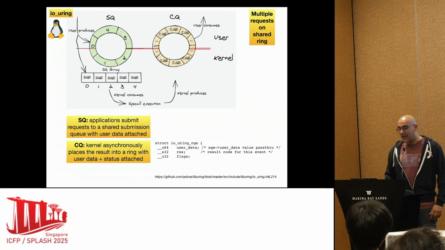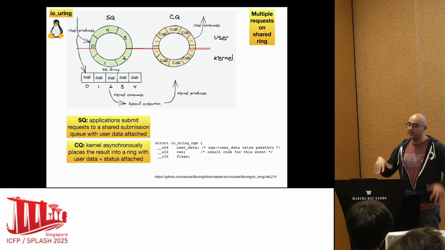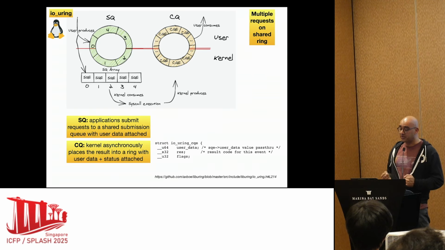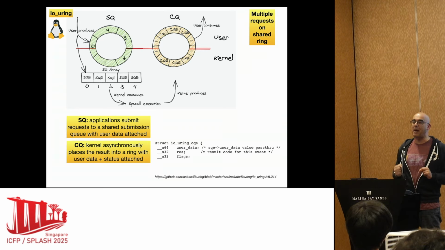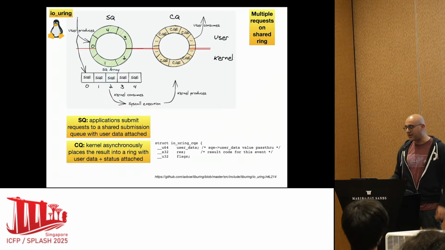The way you tie the completion queues to the submission queues is that user data, that pointer you passed in, is maintained by the kernel and tracked, and it just gives you that back. Then it's your job to dispatch everything, read the responses from the completion queue, interpret the result, and pass it back to your mutator as well.